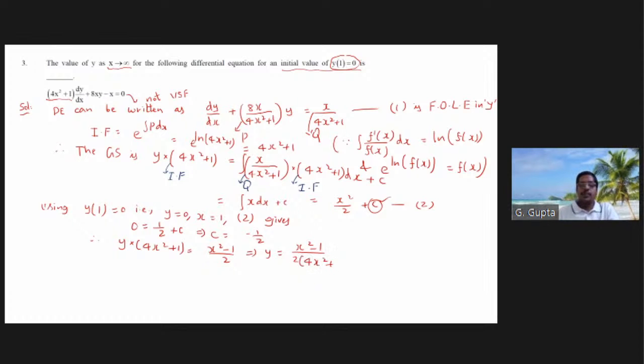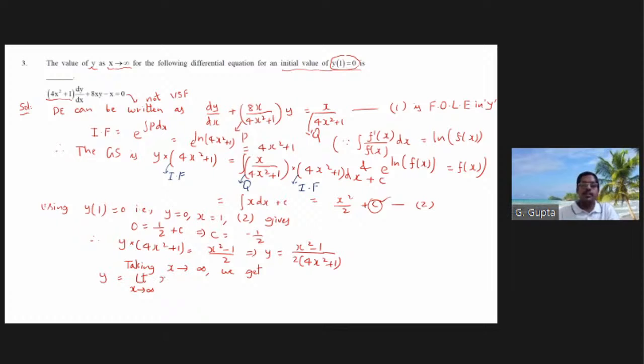But they're asking for the value of y, that is the solution value, as x tends to infinity. So taking x tends to infinity, we get y is equal to the limit as x tends to infinity. In limit problems, which you have learned at the beginning of calculus, when x tends to infinity, take out the highest power of x, converting into reciprocal terms.